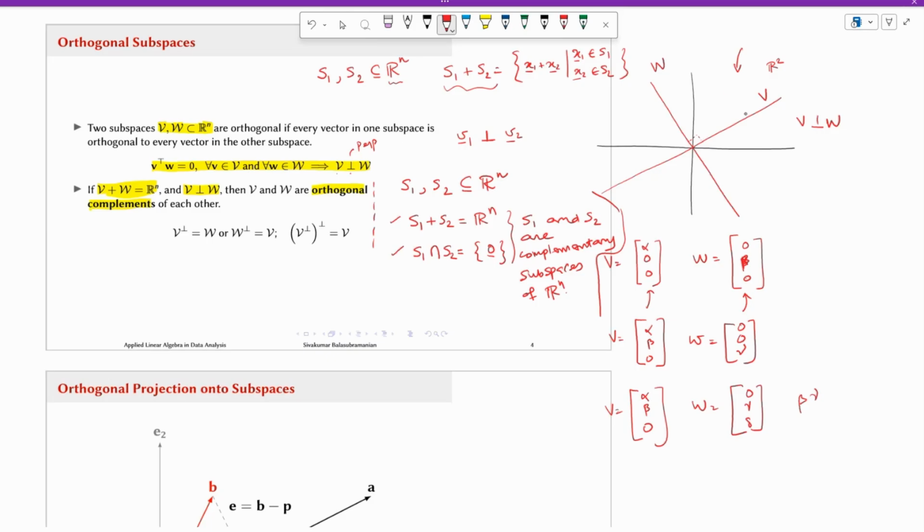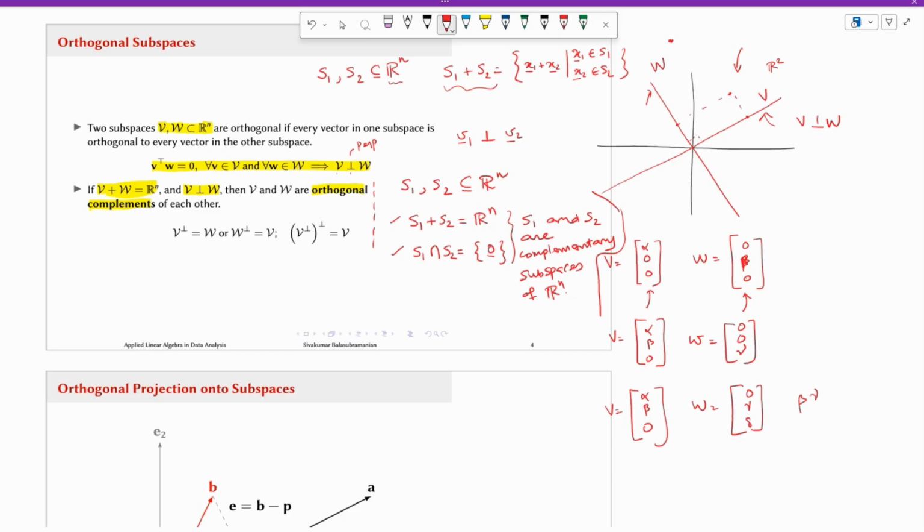For example, you choose one element here, the sum of those two will be this element. If you want to check if this element exists in the sum of V plus W, you can draw a parallelogram involving the lines corresponding to V and W as two of the sides, and you can reach that point. So the sum of V and W will give you all of R2.